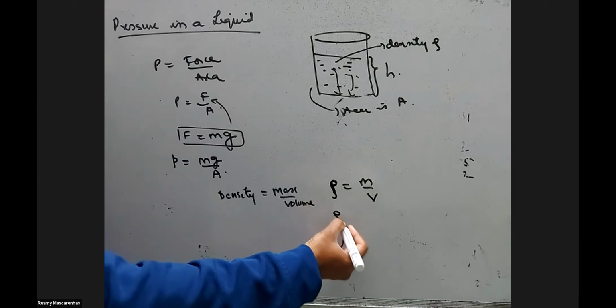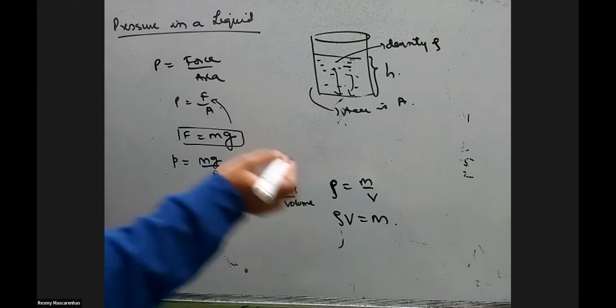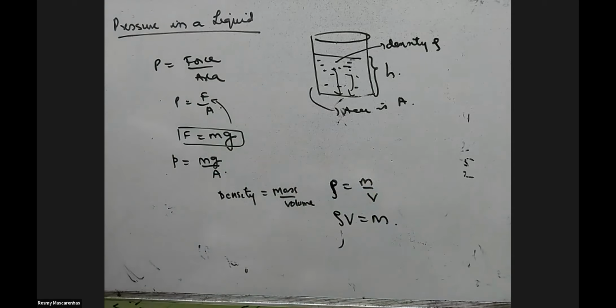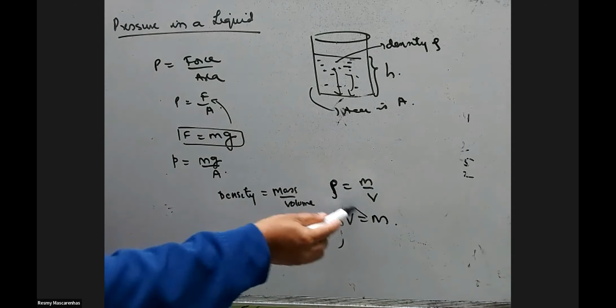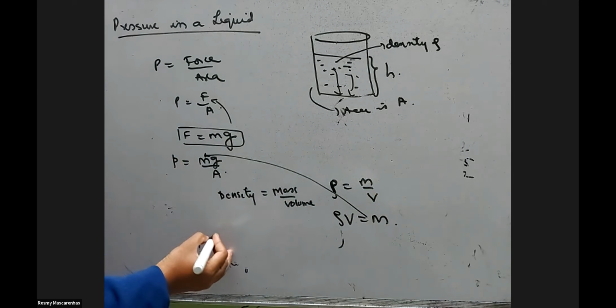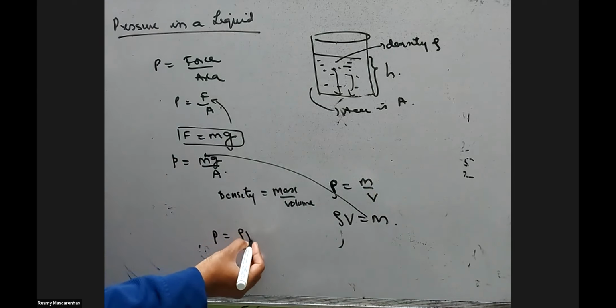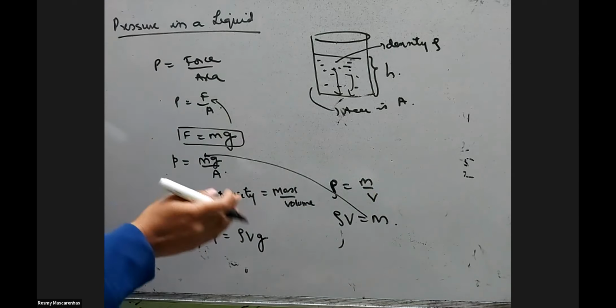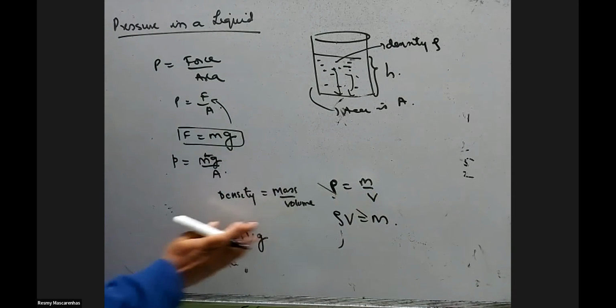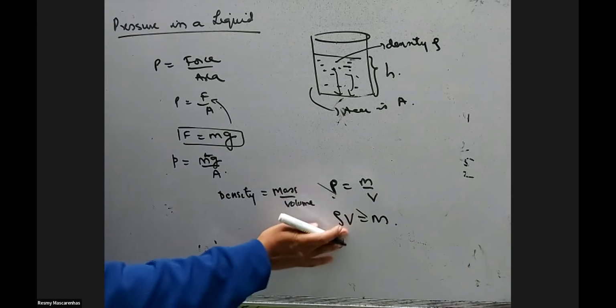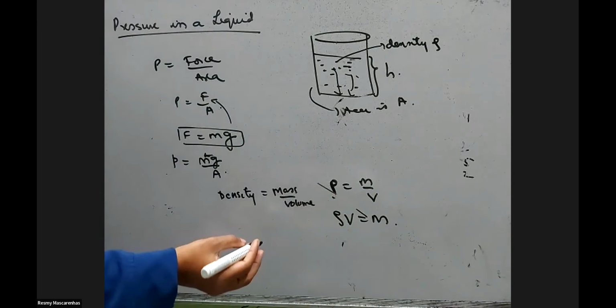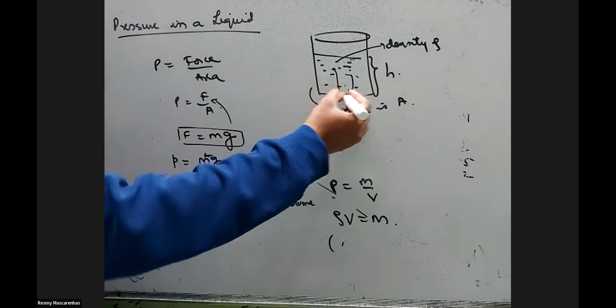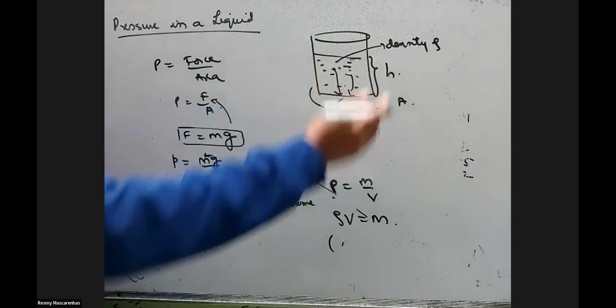So V, if you bring this side, that is m. So m you put here. Before that, again, this is volume. So volume is the length or whatever of the cylinder into its height.